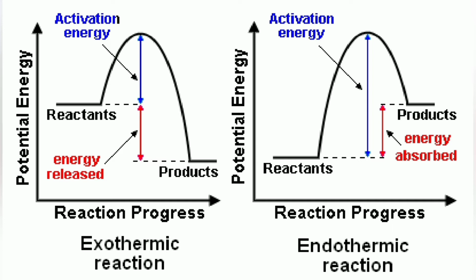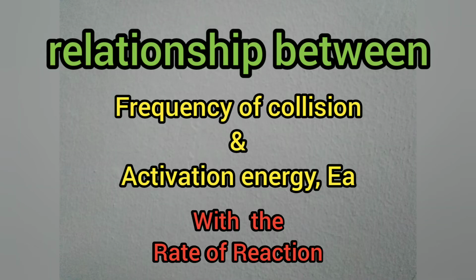Activation energy is the energy barrier that must be overcome by the colliding particles of the reactants so that the reaction can occur. The relationship between the frequency of collision and the activation energy with the rate of reaction.